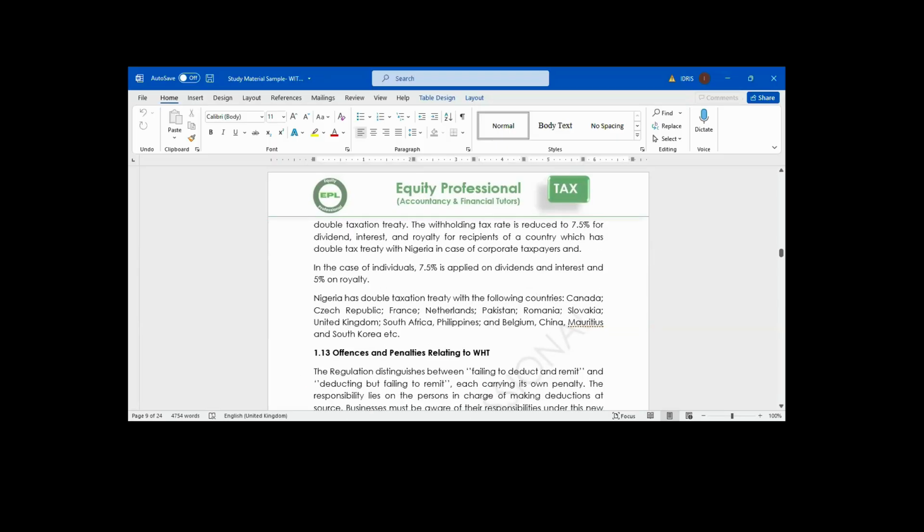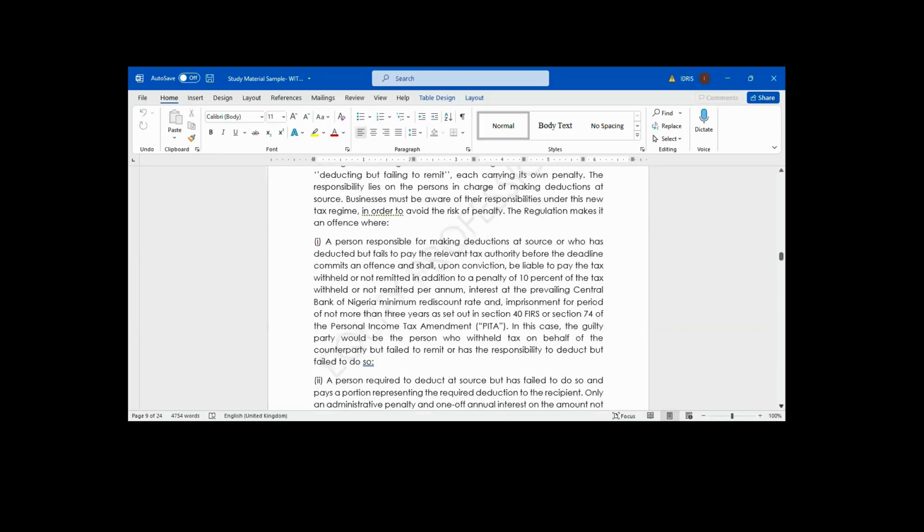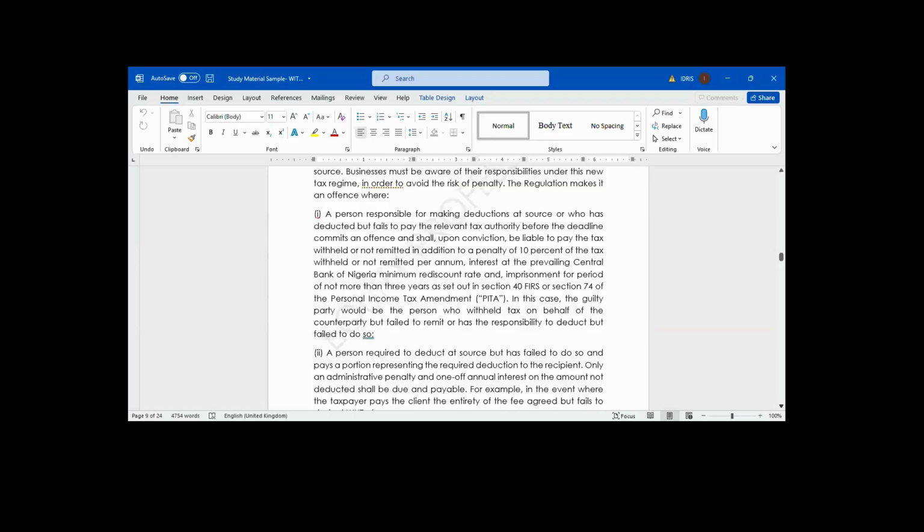Now, what are the offenses and penalties relating to withholding tax? One of the offenses is when you fail to deduct withholding tax at source.